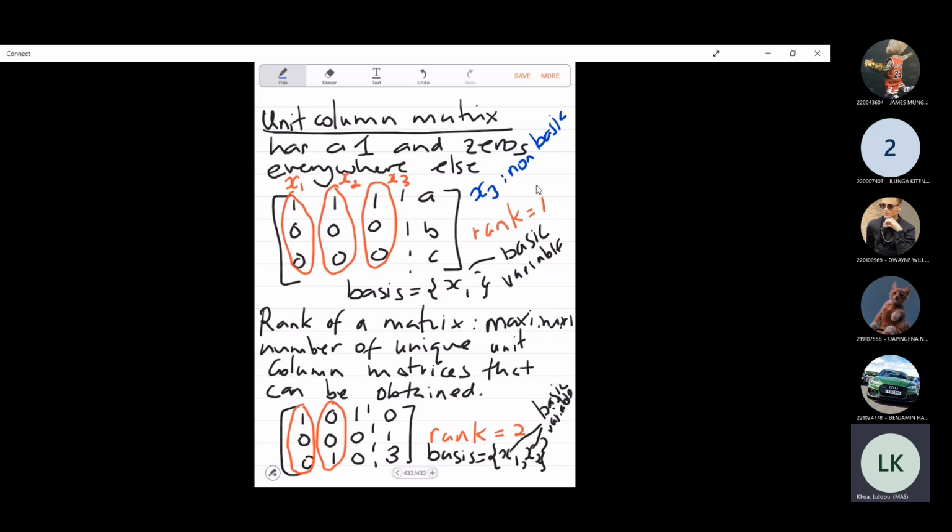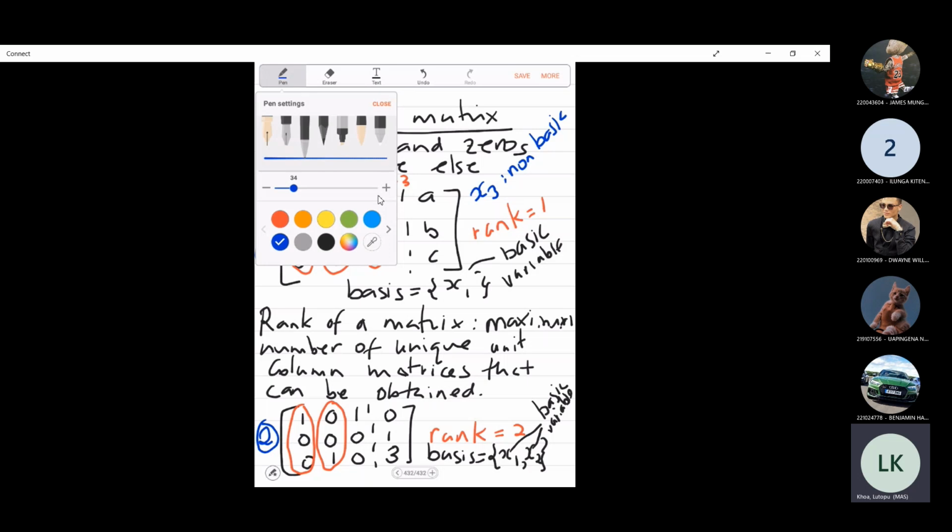So the way we do that is we take our non-basic variables and we equate them to letters. We say x2 is equal to A, and then x3 is equal to B, where A and B are any real numbers. So let me call this one number 1, then this one will be number 2.